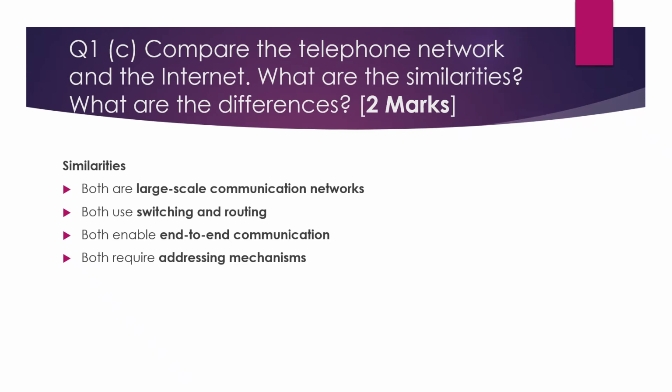What about the internet? Here data is broken into small packets and each packet can travel through different paths. So no fixed connection is reserved like in the telephone network. Resources are shared among many users.